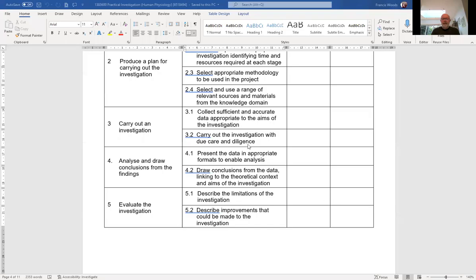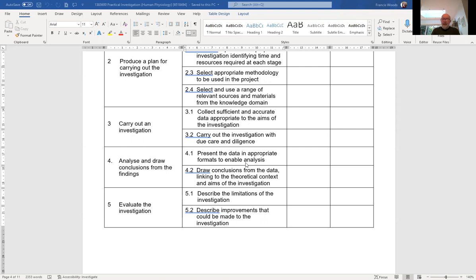When we move on to the evaluation, let's call back again the brief. Okay, when it comes to the evaluation, I will have seen you carry out the investigation with due care and attention. You've still got all your fingers and eyes and things like that, so you must have done it with due care and diligence. So all of you will get that mark.